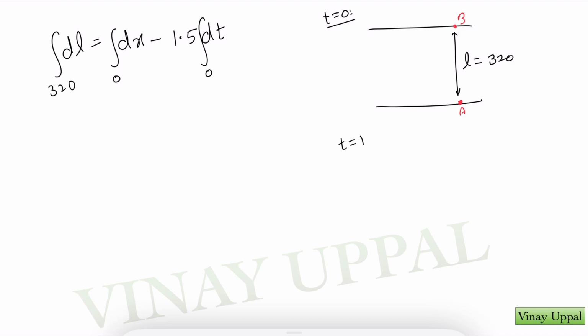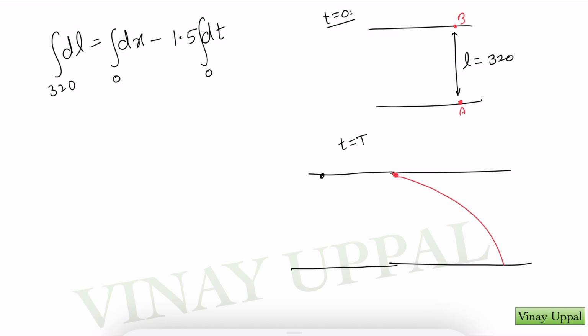And at capital T time, the boat has traveled here and point B is here. So this distance will become L. Now what is the distance traveled by point B in time t?